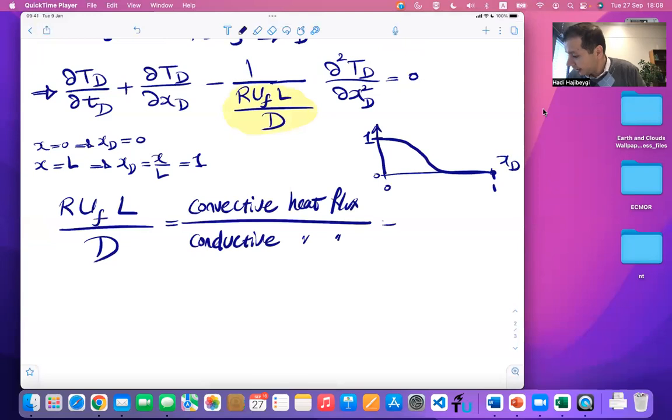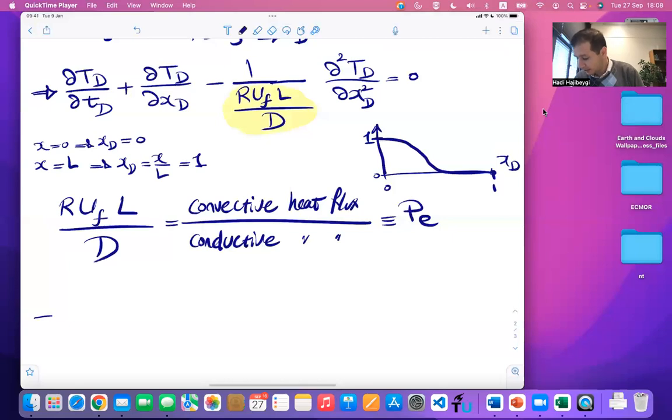That is defined as the Peclet number, the heat Peclet number. We will have it for dispersion, diffusion, and contamination also later on. But for heat transfer, convection over conduction gives us the Peclet number for heat transfer.